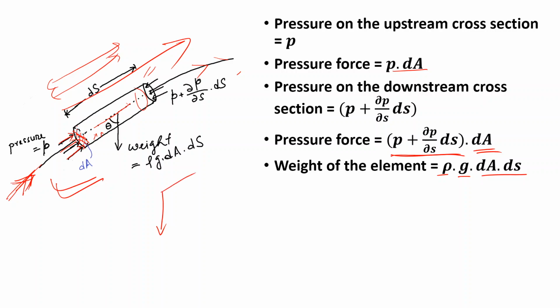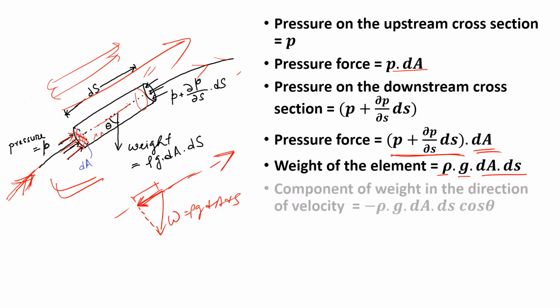Now if we take this as the positive direction of S, then we'll have to see what will be the component of this weight in that direction, and that will be this much. So this is in the opposite direction of S, so therefore we'll have to write this negative sign, so minus rho g dA ds cos theta. Cos theta because we are taking the component along that direction.